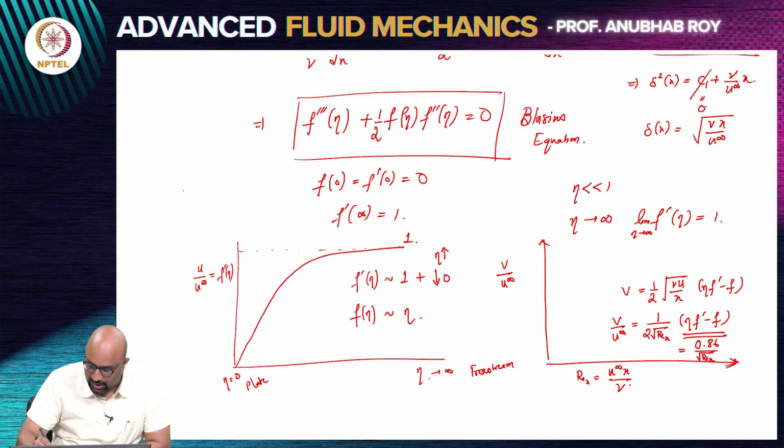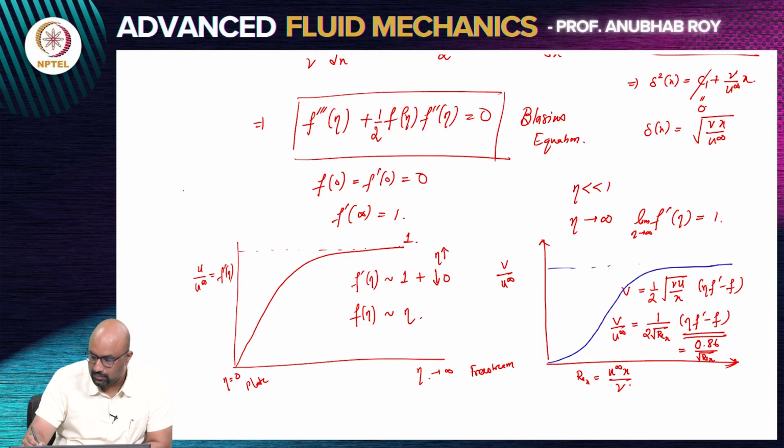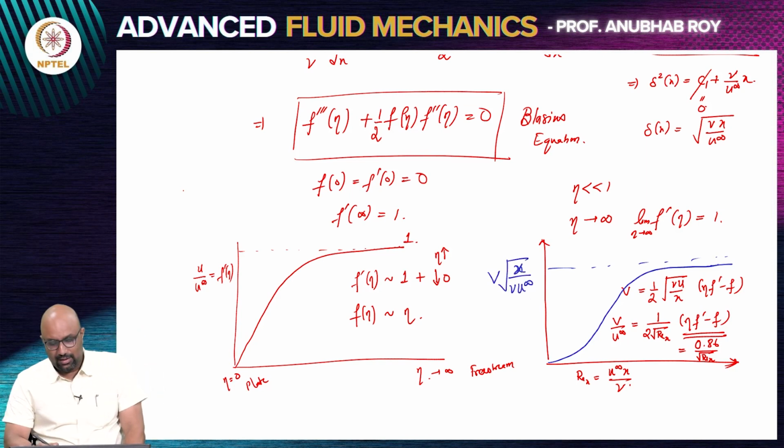So the transverse velocity that you would actually get, so here if I write v scaled with that factor of root Rex, I will find that the vertical velocity at the edge of the boundary layer doesn't go to 0, but rather it is achieving a constant value.